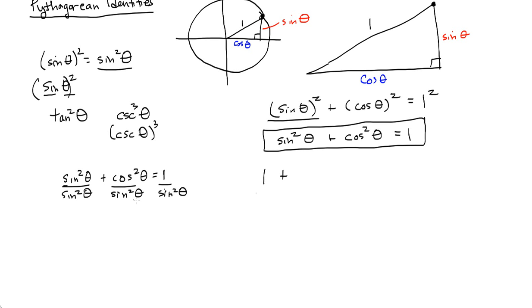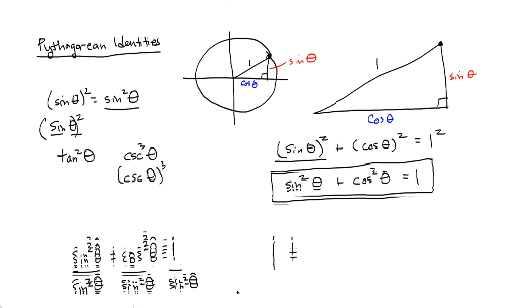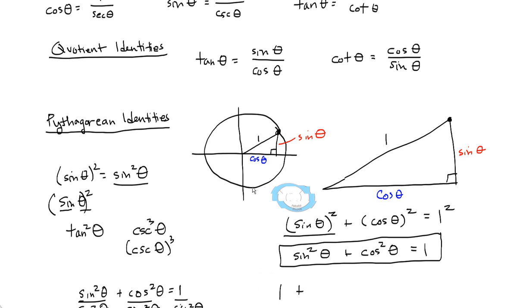Cosine squared theta over sine squared theta is cosine theta over sine theta times cosine theta over sine theta. But we talked about cosine over sine not too long ago.